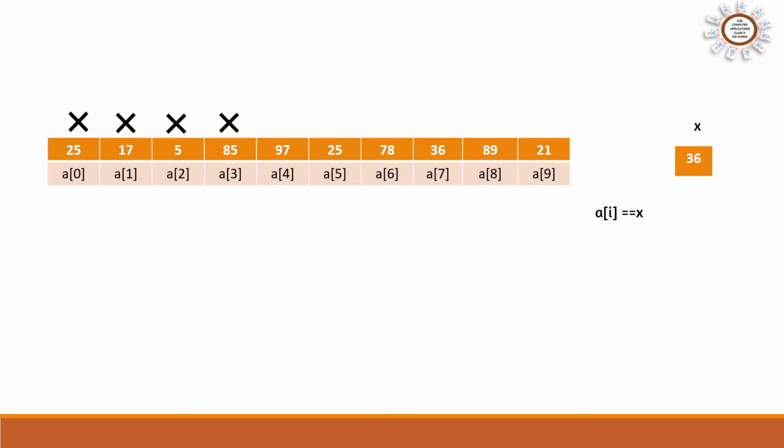Then A3 and X, that means 85 and 36. It is also not correct. And then the next element A4, that is 97, and 36 will be compared. That also is not correct. And A5, that means in sequential order it will be going, 25 and 36, not correct. Then A6, 78 and 36, not correct.